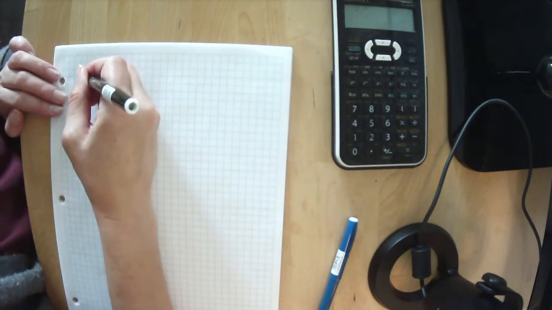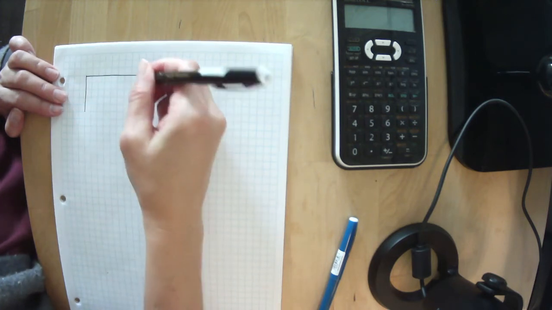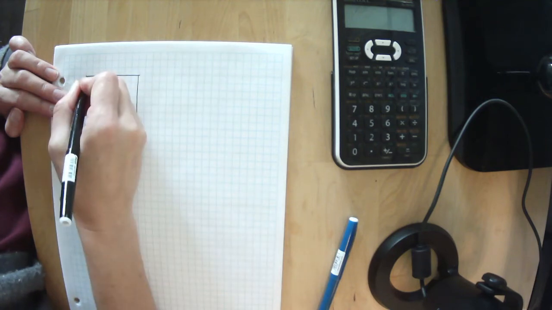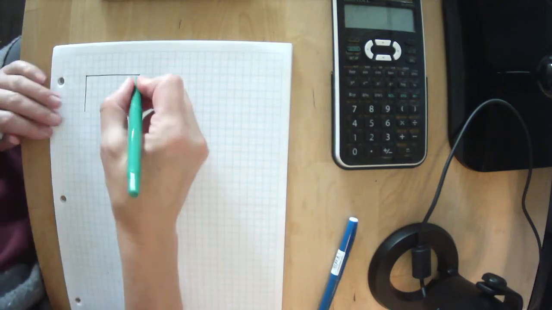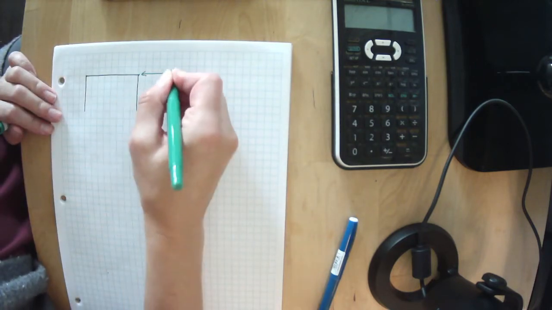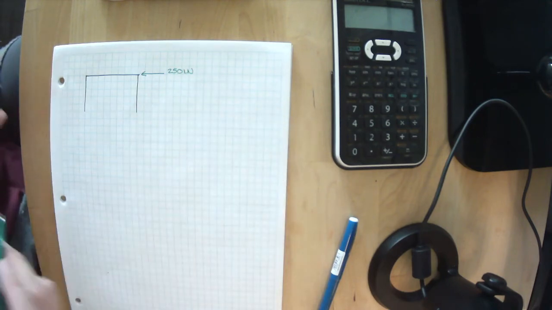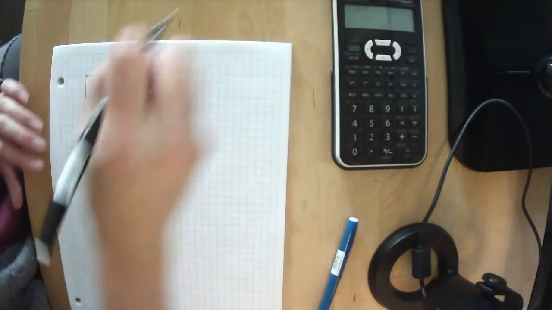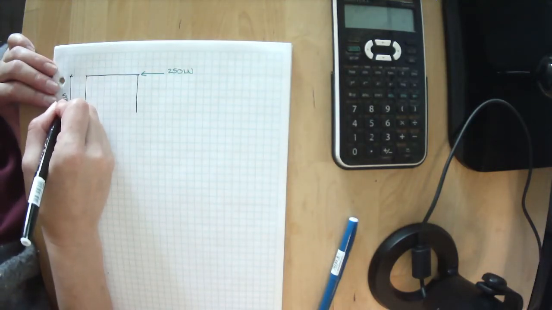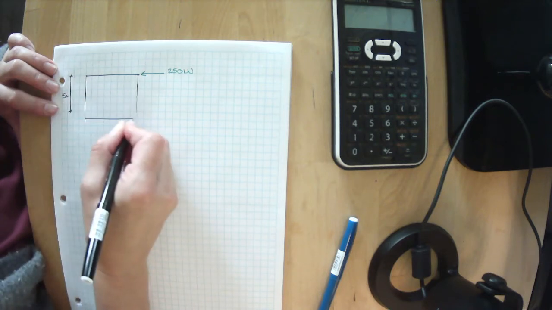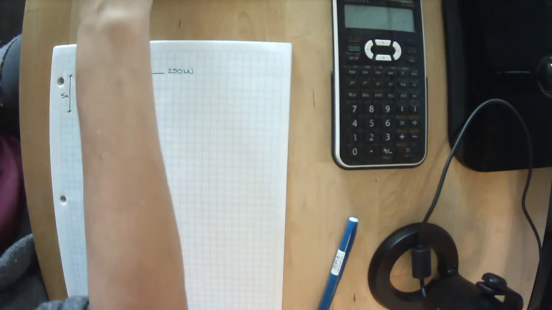So we have a frame that is 5 meters tall and 8 meters wide. And these are essentially glued together here. We have a load of 250 kilonewtons applied right here. We know that our frame is 5 meters tall, 8 meters wide.